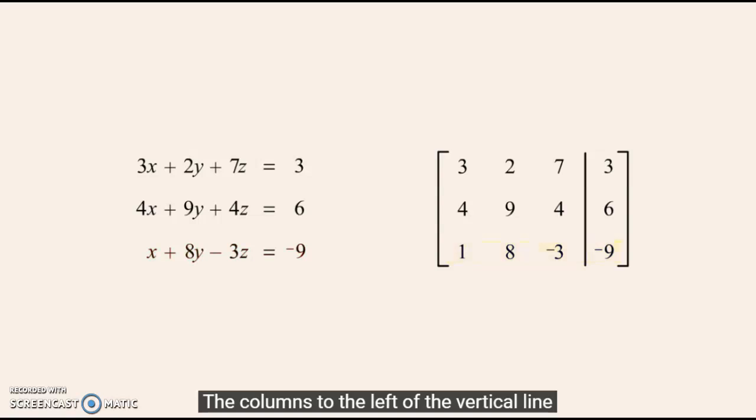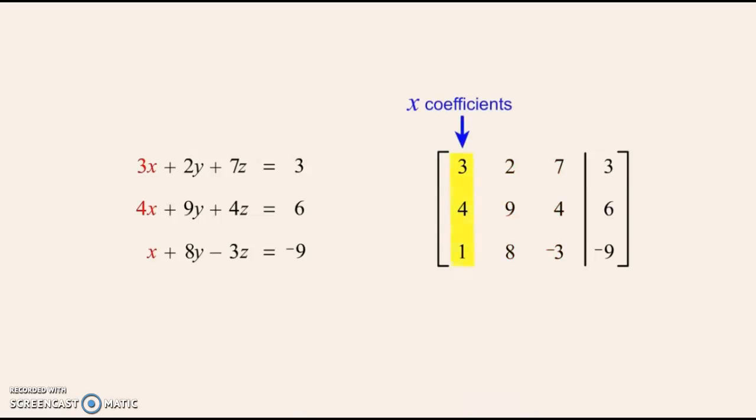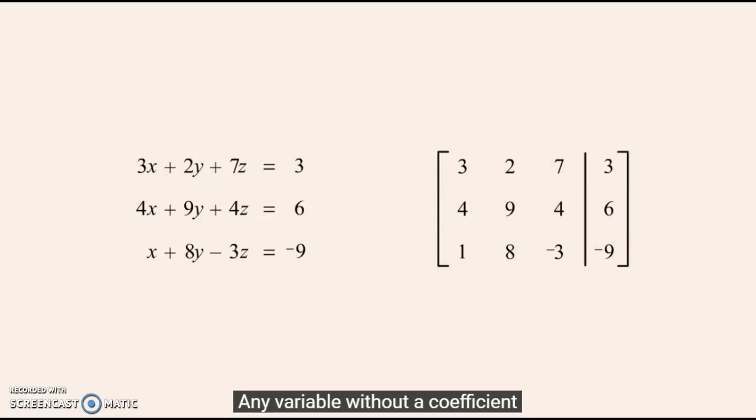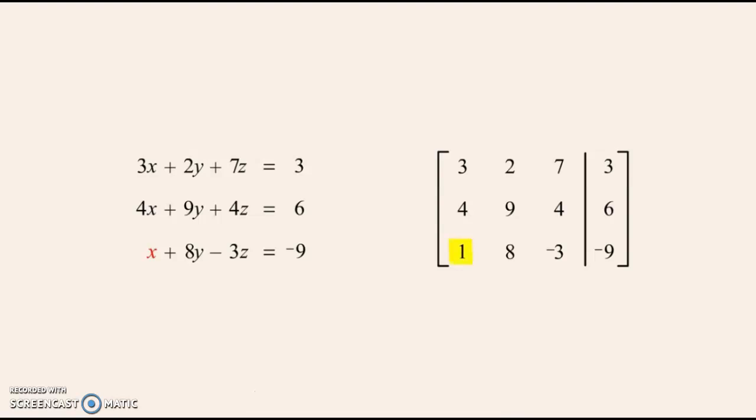The columns to the left of the vertical line contain the variable coefficients for each equation. Any variable without a coefficient is considered to have an implied coefficient of 1.